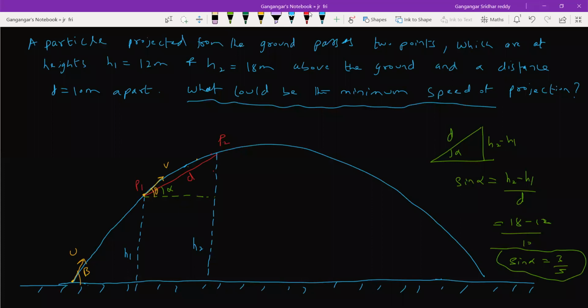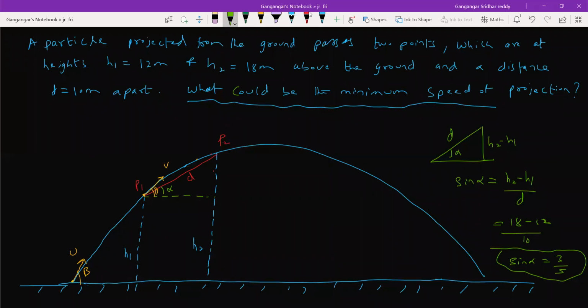Then we have to calculate this u, no? That was our question. What is the question asked?